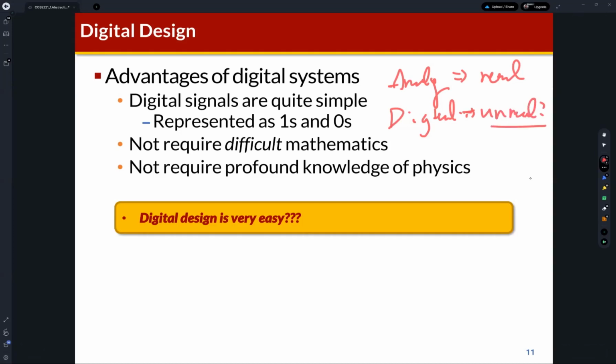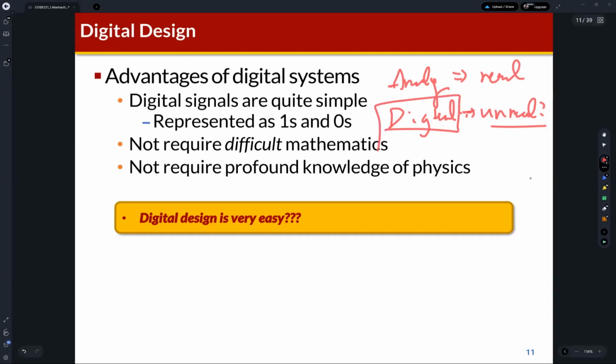But we know most modern devices are digital systems, which means that our devices handle digital signals. We can touch our electric devices, and we know they are real devices. We can see the screens, and we can hear sounds from our devices. These are real signals, right?